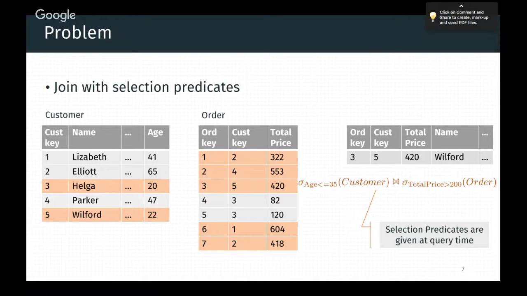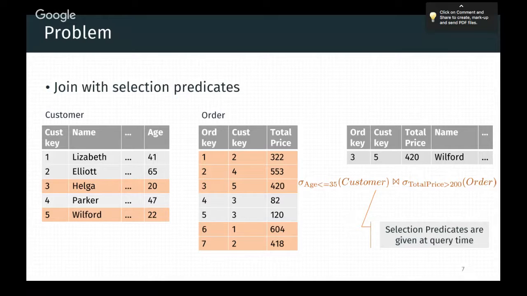And join always comes with selection predicates in practice. In this example, we want to join customer with order where the age of customer is smaller than 35 and the total price of the order is greater than 200. This is the query we want to find out.